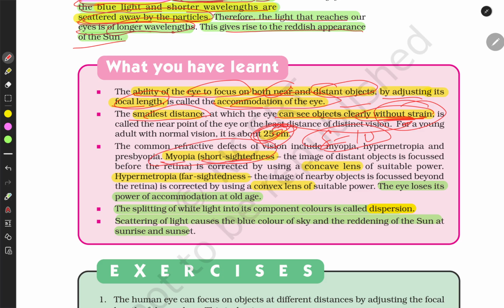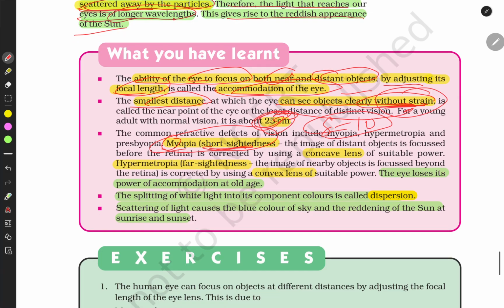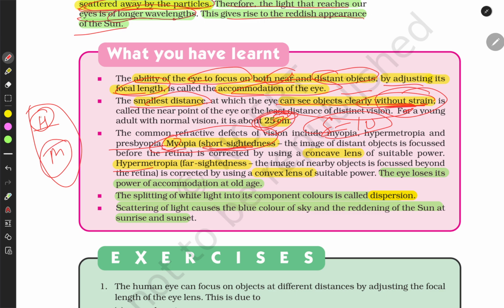Myopia is short-sightedness, where we cannot see far objects. Let me give you one trick. This is myopia, and another is hypermetropia. In the alphabet, H comes near and M comes far. So these are the defects.